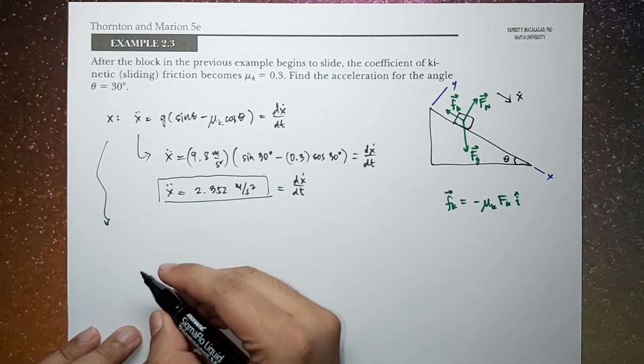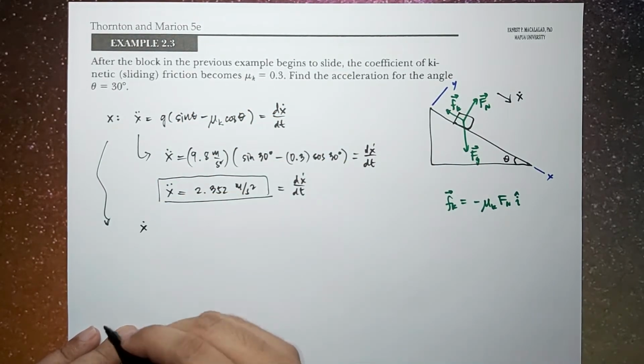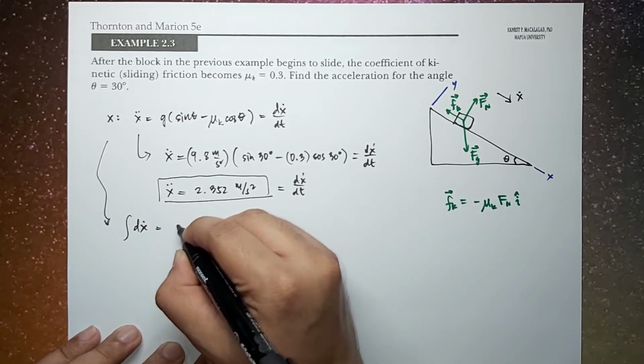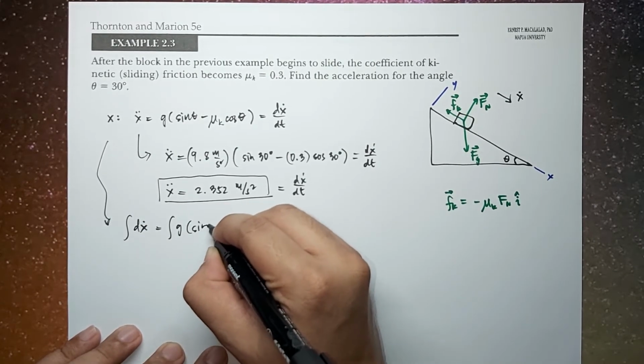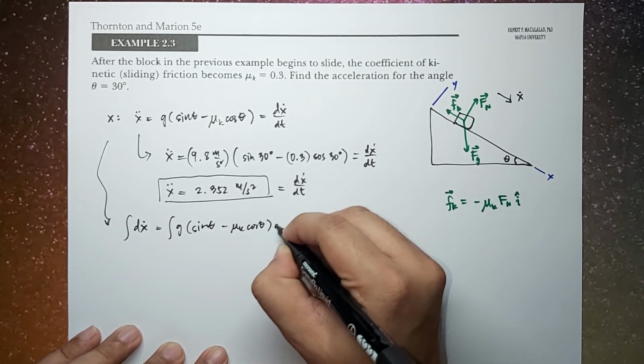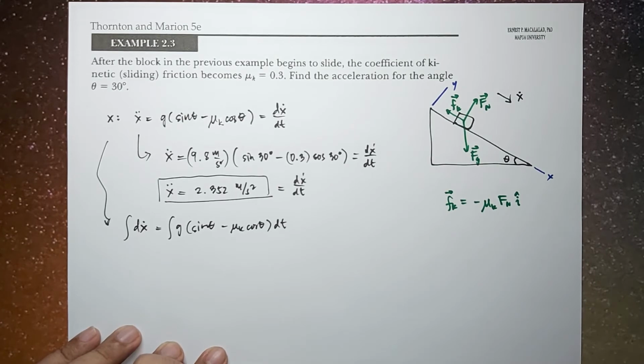That means we can integrate this to get x dot: the integral of dx dot is the integral of g sine theta minus mu k cosine theta dt.